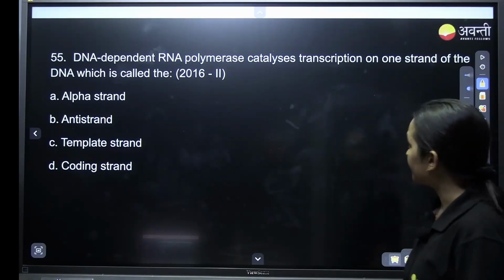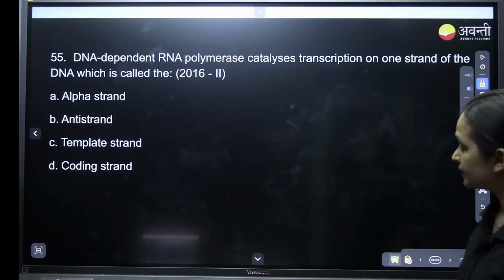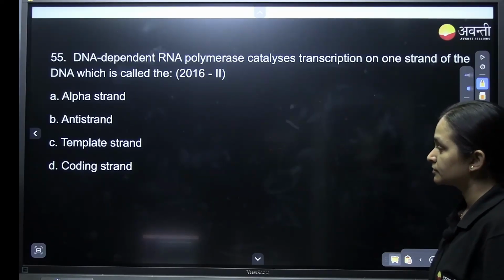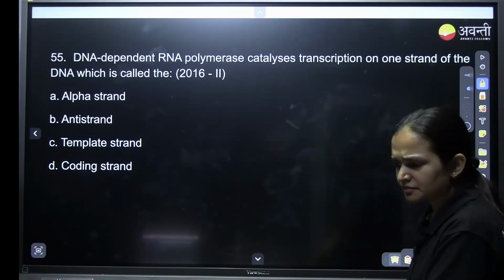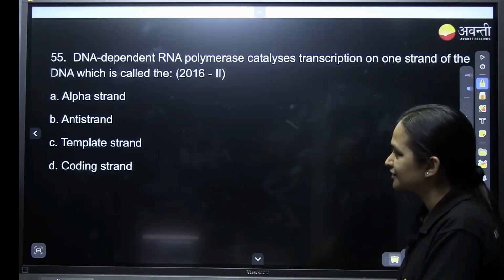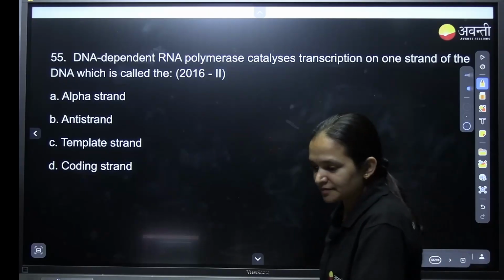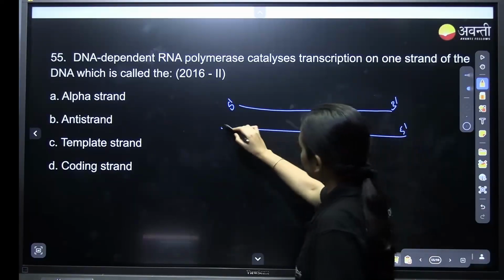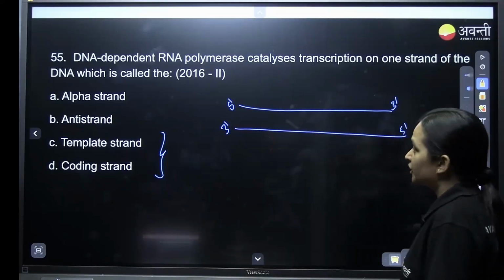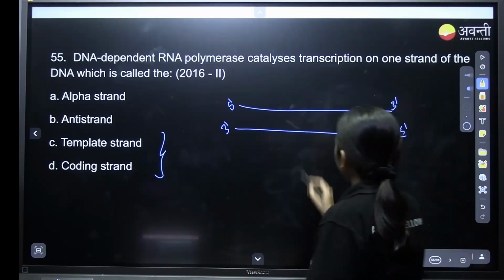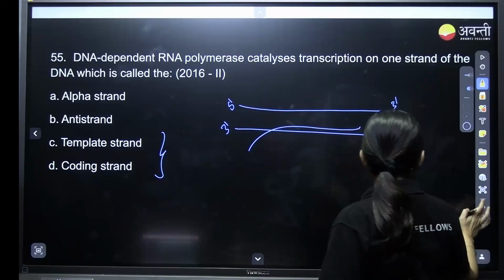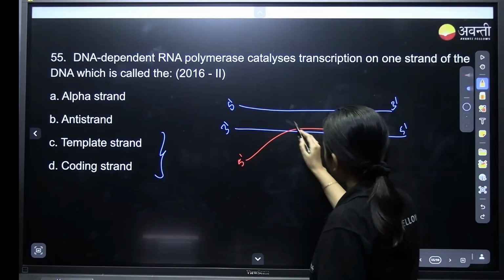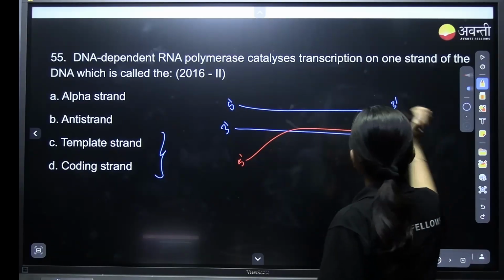A DNA dependent RNA polymerase catalyzes transcription on one strand of the DNA, which is called... कंफ्यूज हो गए हैं इन दोनों में. देखो, DNA dependent RNA polymerase catalyzes the transcription on one strand of the DNA, that is... अगर ये mRNA है 5 prime to 3 prime, okay, so there will be a bubble here taking place, isn't it?